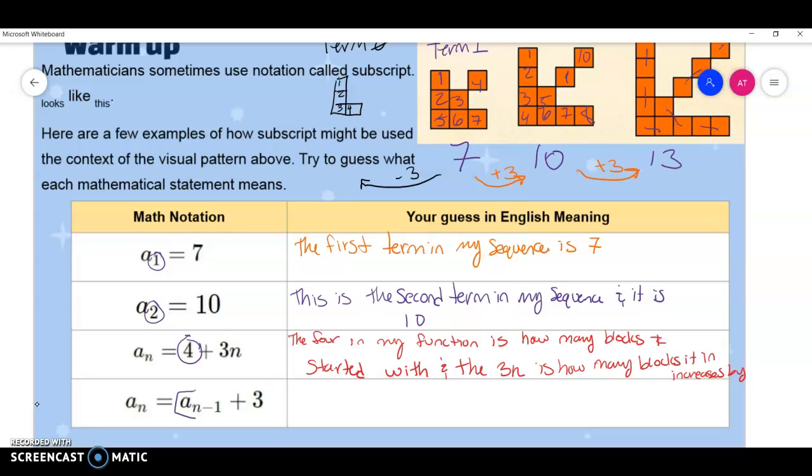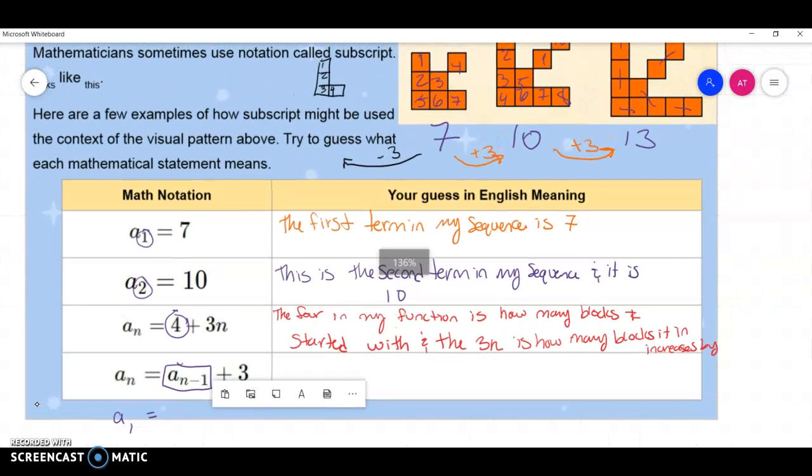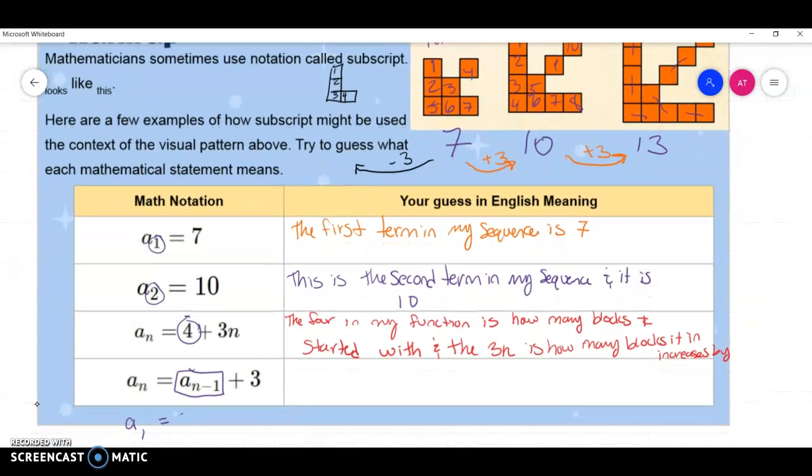So this a sub n minus 1 is actually saying, hey, the previous term that we had before, you're going to add 3 to that. So if I have a sub 1 equals, I'm going to use the previous number from before, so term 0, 4 plus 3, that's what's going to give me my 7.